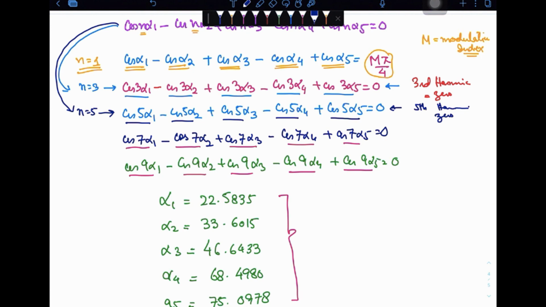You can use the Newton-Raphson technique, Gauss-Seidel, or metaheuristic techniques to find these angles. Once you find these angles, you can set them up in your inverter simulation, generate the gate pulses, and get rid of the particular set of harmonics. You can cancel 10 harmonics if you are able to solve the 10 equations simultaneously and find the solution for these angles, right?